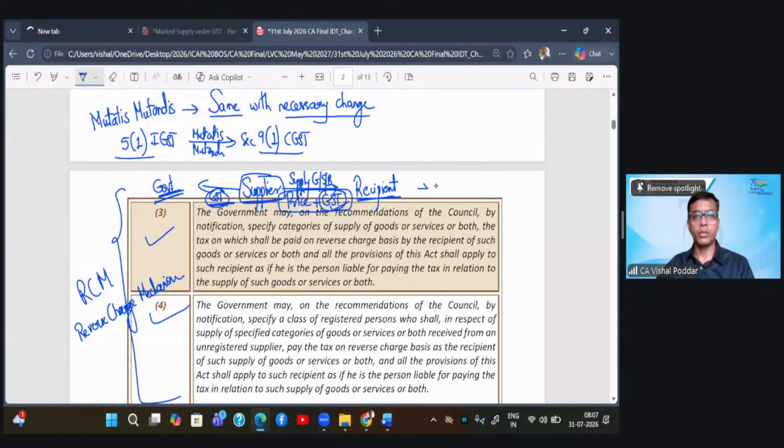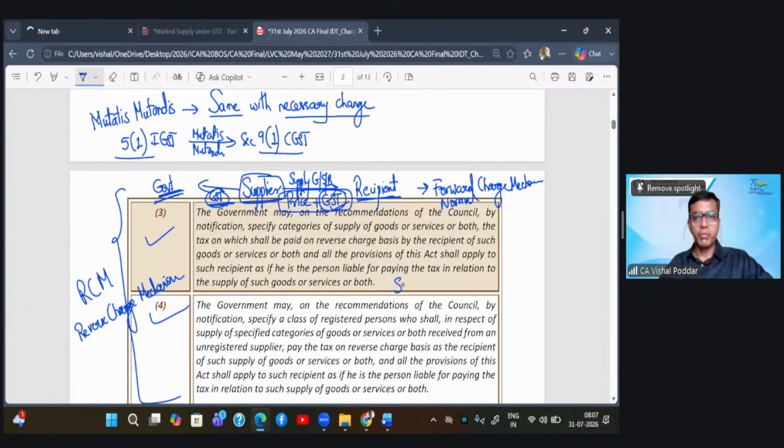So this is what is called the normal mechanism, so let us call it forward charge. See, there is no such word used in the law. We are using these terms RCM, FCM, correct? So this is the normal charge mechanism, or it is also many times called the forward charge mechanism. Now, what is RCM?